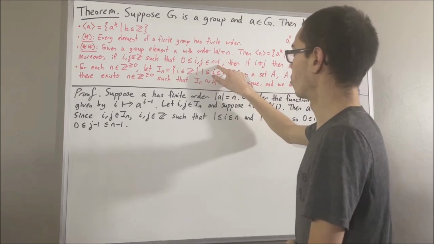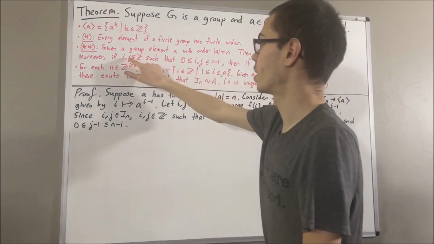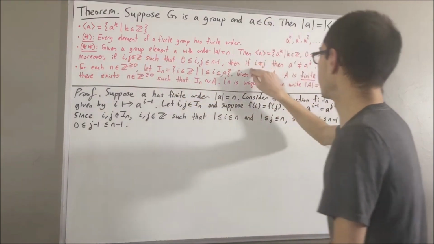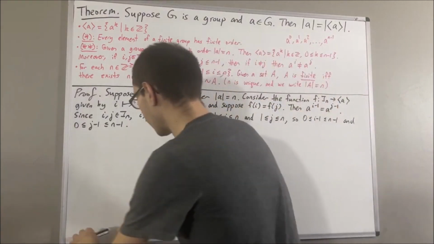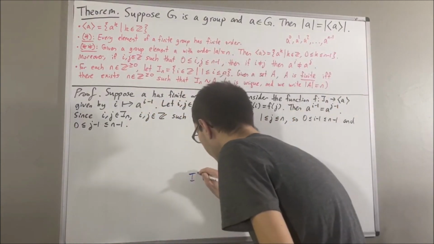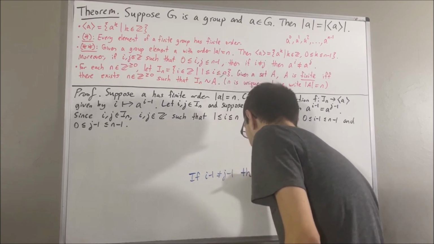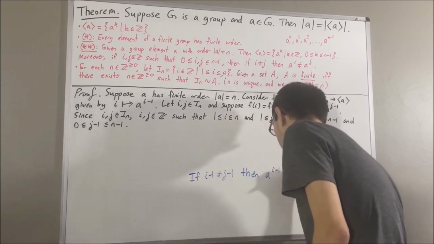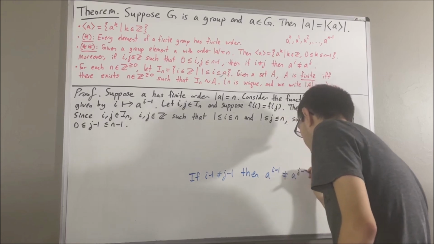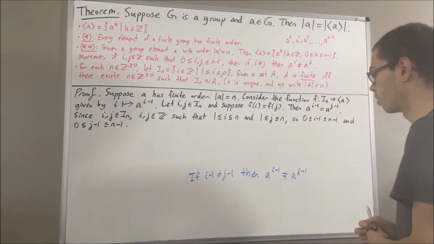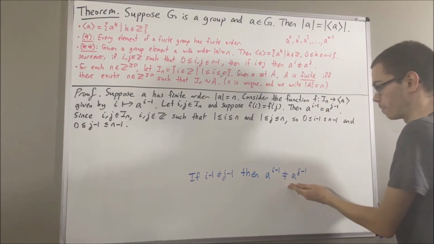So, with our choice of i as i minus 1 and j as j minus 1, this statement is saying if i minus 1 is not equal to j minus 1, then a to the power of i minus 1 is not equal to a to the power of j minus 1. But we're going to apply the contrapositive of this statement.